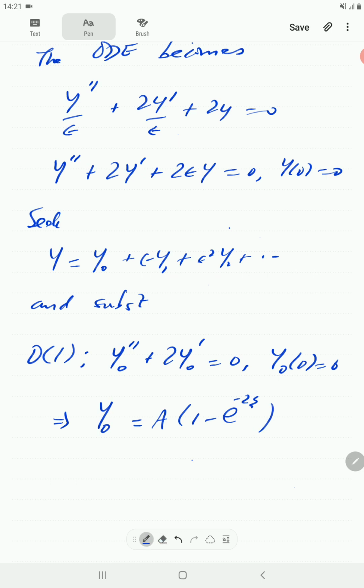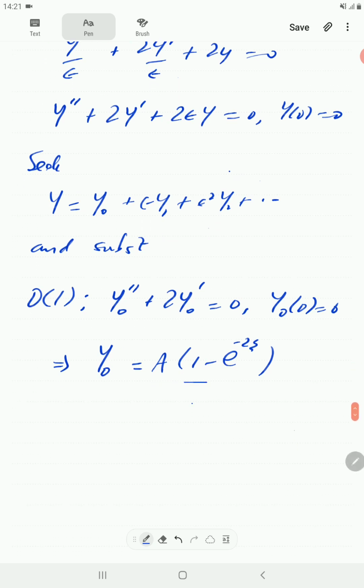Now notice here that we have a second order ODE and only one condition to fit. So out of the two constants we get from here, only one will be determined. That's why this involves a constant which is yet to be determined. This constant is going to be determined by matching with the outer solution at this order.